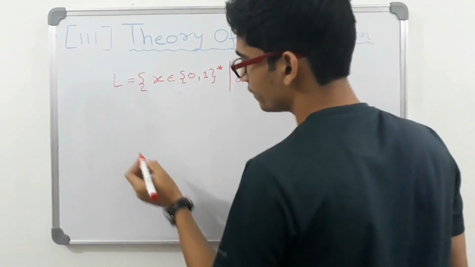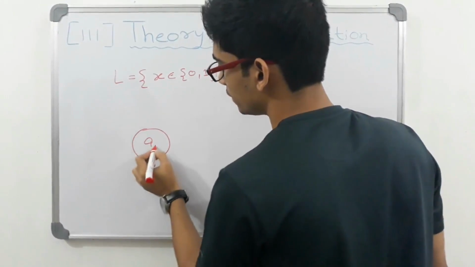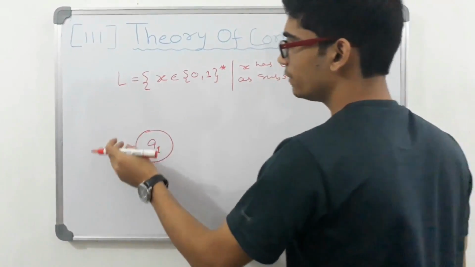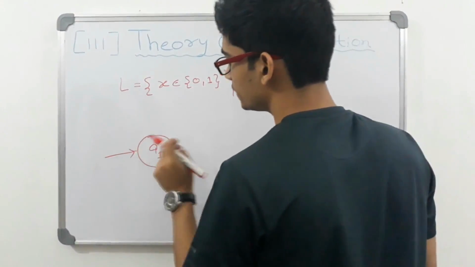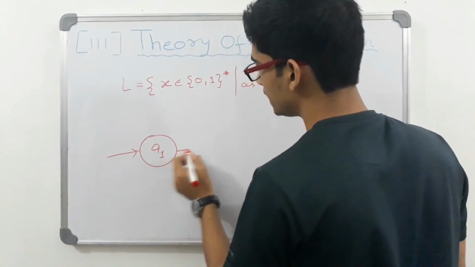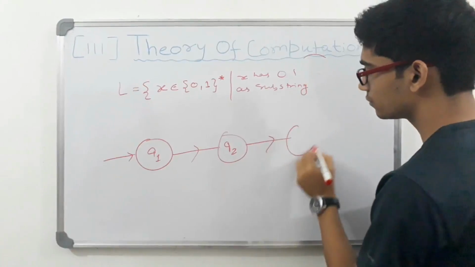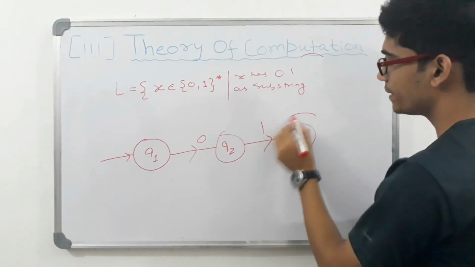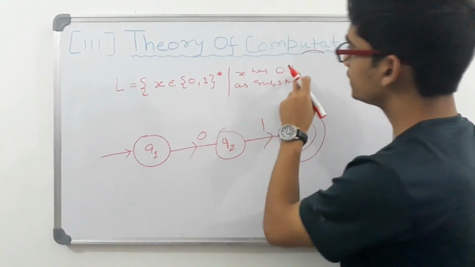Okay, I'm trying to draw a DFA. Let me name a state Q1. This is the initial state, till when we haven't scanned any character or input. Let me first draw it, then I'll explain. And I am making this one a final state. Now I have to get a 01 in a string.